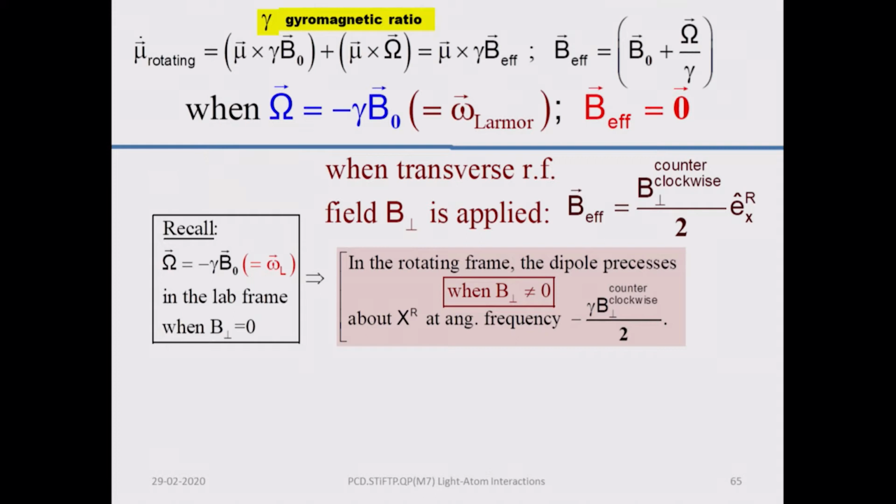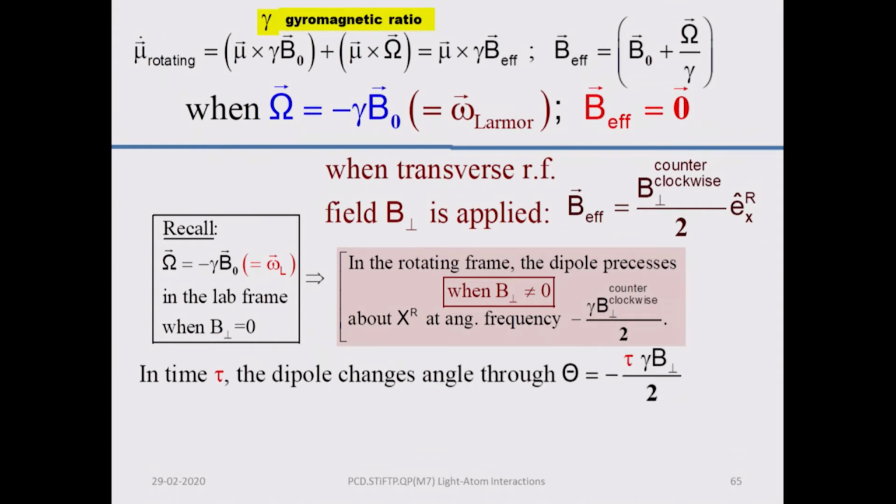So, that will be the precessional angular frequency, and how much would the dipole change? Because of this precession it would tilt, and the tilt angle will depend on for how much time you have applied that pulse.